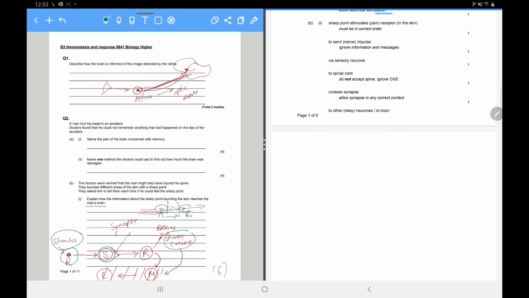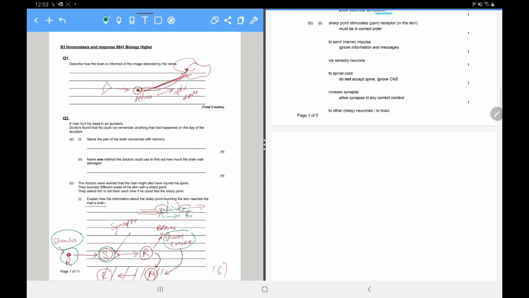Think about the key words: the stimulus, the pain receptor, the sensory neuron, the synapse, the neurotransmitter, the relay neuron, the spinal cord. They're all the things that are hitting. Look how precise this is. To such an extent, guys, that if you were to literally write that many words in your whole answer, you would get all the marks.